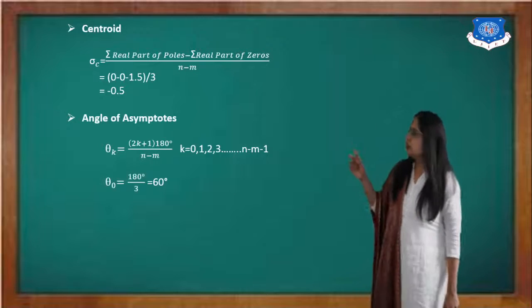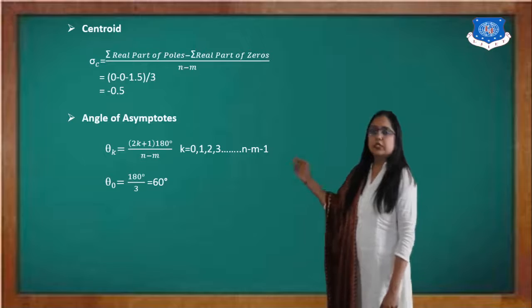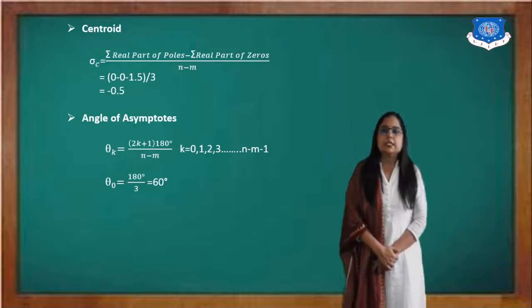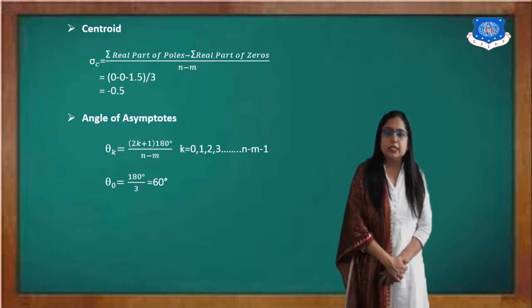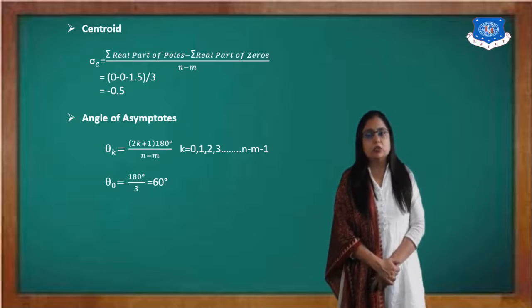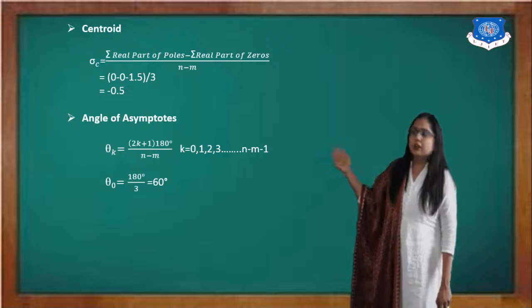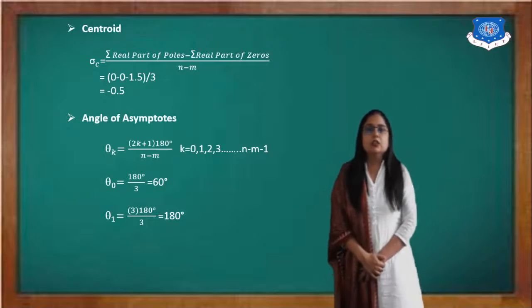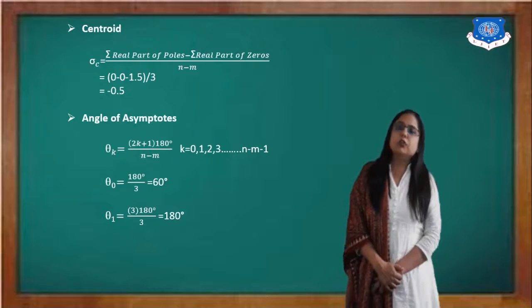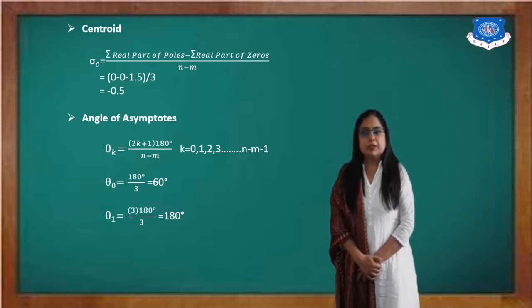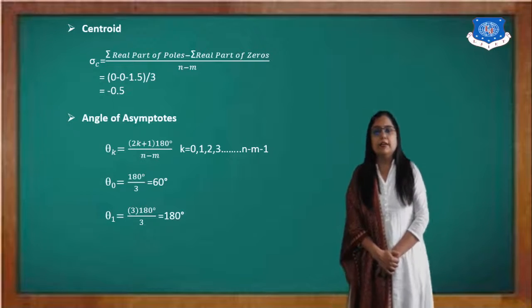See here, first you put k equal to 0 in this equation. So theta 0 equals 180 degree divided by 3, so that equals 60 degree. Now you substitute k equal to 1. So theta 1 equals (2k plus 1), that becomes 3, into 180 degree divided by 3.